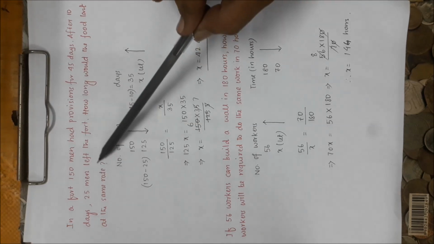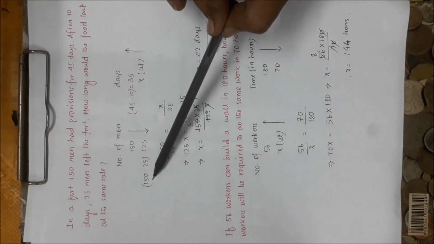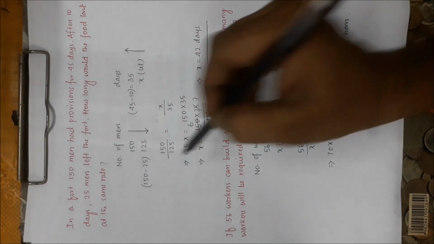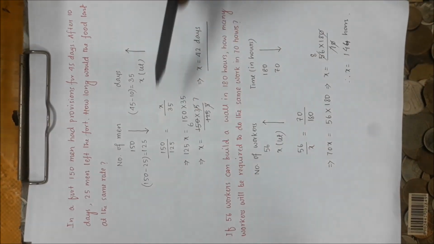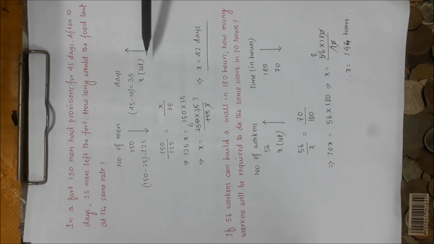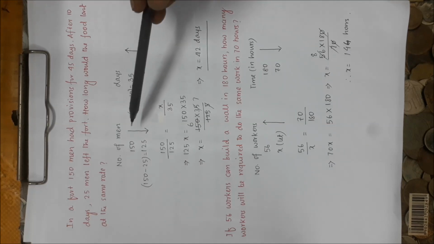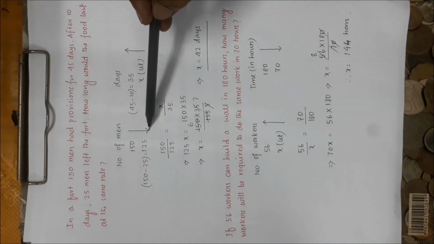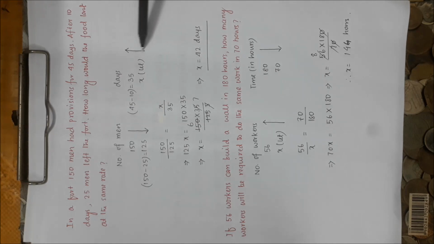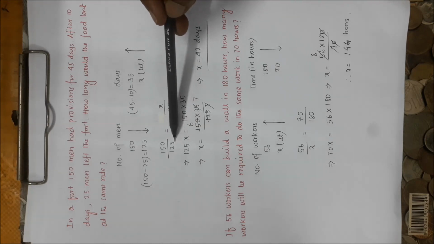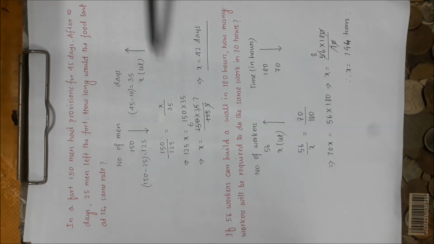After that 25 men left the fort. That means 150 minus 25 equals 125. How long will it last? The number of men decreases, so the provision will last for more days. Upward arrow, increase, the number of days will be more. So 150 by 125 equals, this is the inverse variation, so you need to change one of the sides.